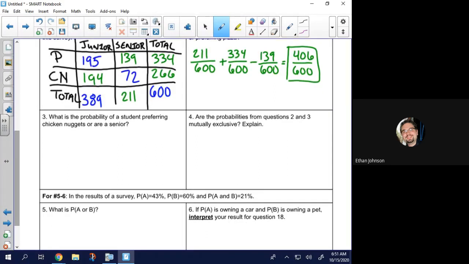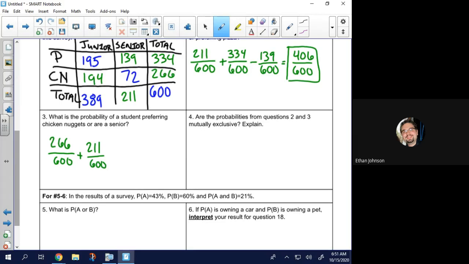Question 3. What is the probability of a student preferring chicken nuggets or being a senior? Well, chicken nuggets, there were 266 out of the 600 that preferred chicken nuggets. Right, add because it's an or. There were 211 seniors out of the 600.